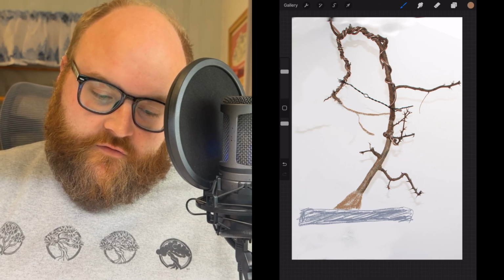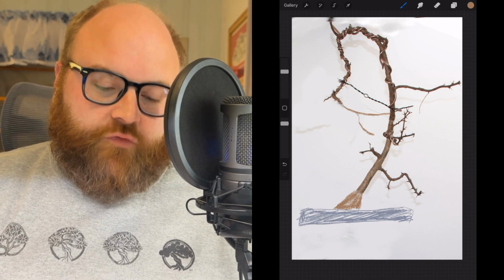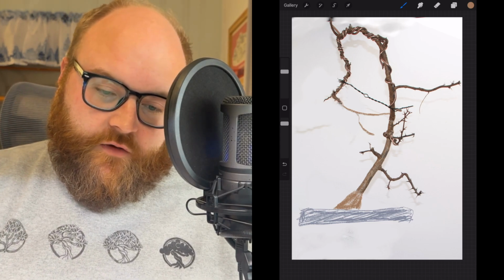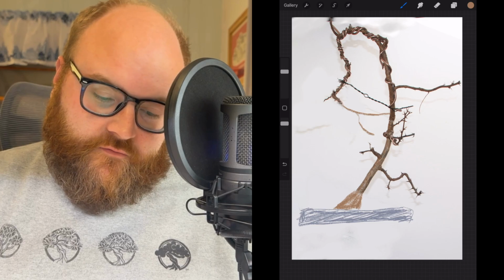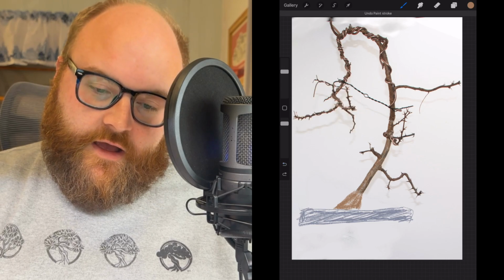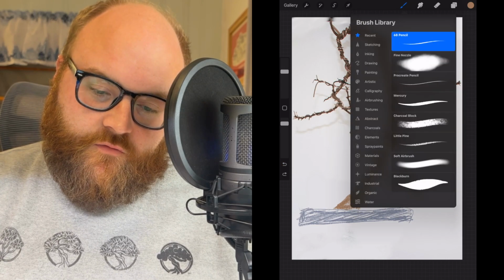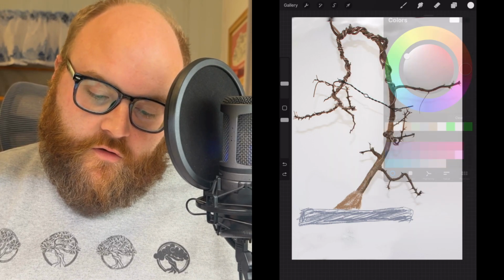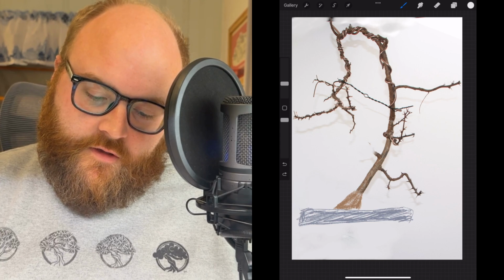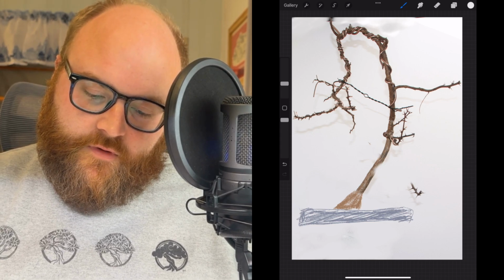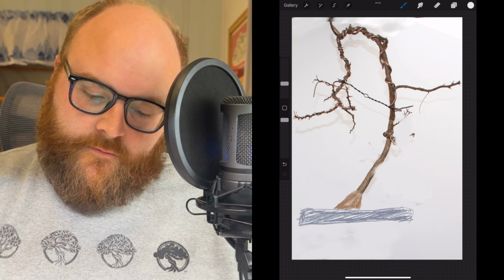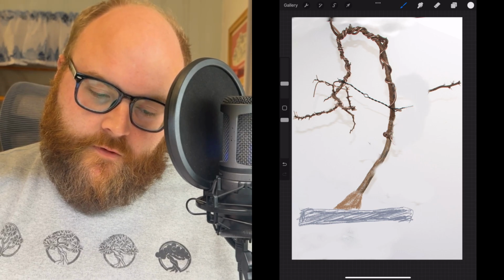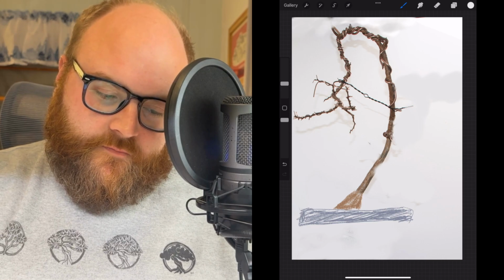I think there is potential for exploring something in a traditional literati style where we actually get rid of, so let's undo that, and we get rid of all of these branches here, everything all the way out to the tip. Get rid of this too.